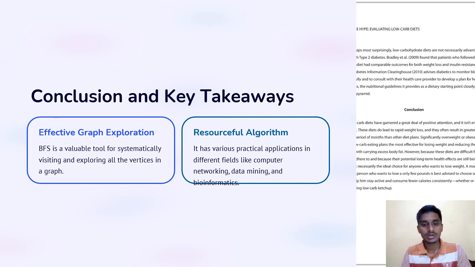And the conclusion and the key takeaways are effective graph exploration and a resourceful algorithm. BFS is a valuable tool for systematically visiting and exploring all the vertices in a graph. And the second one is the resourceful algorithm. It has various practical applications in different fields like computer networking, data mining, and bioinformatics.